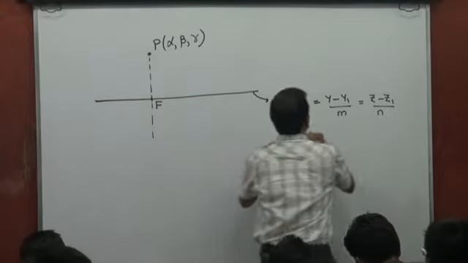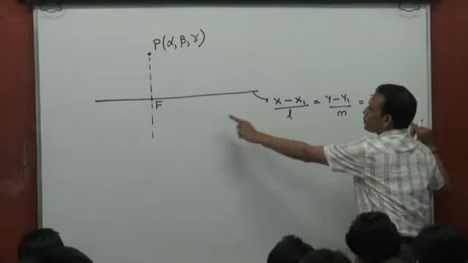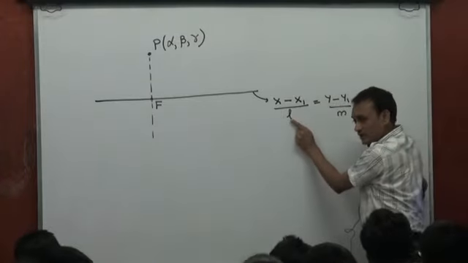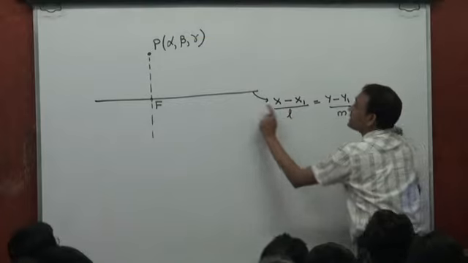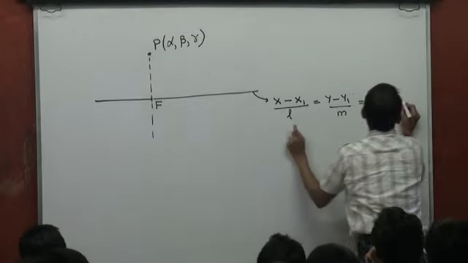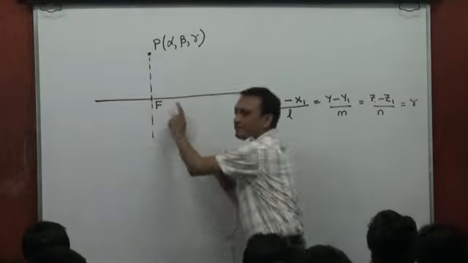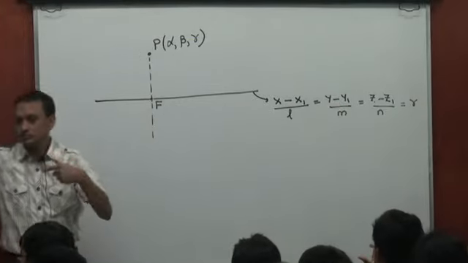Now this F lies on this line. So the coordinates of F, x, y, z, will be such that they satisfy this condition. Let's say for the x, y, z of F, each of these ratios is r, right?